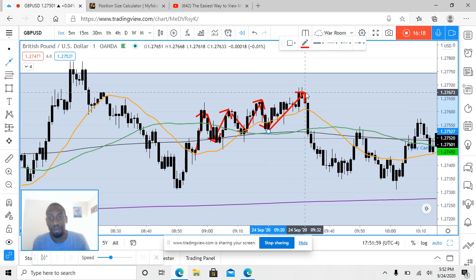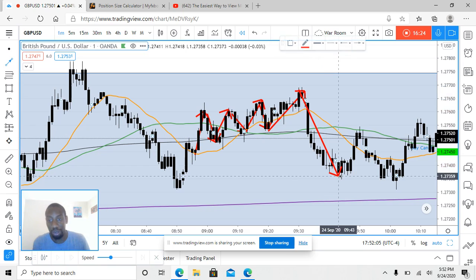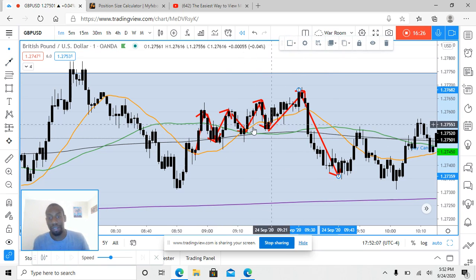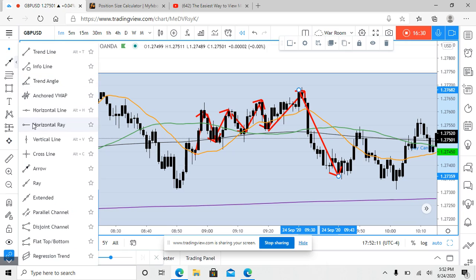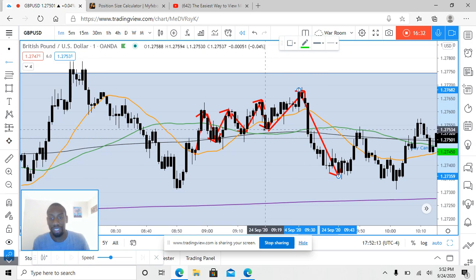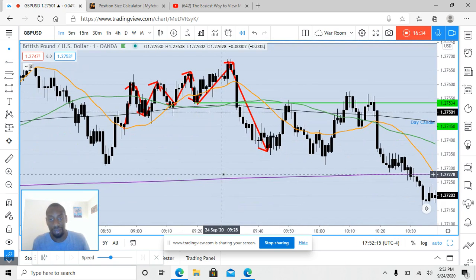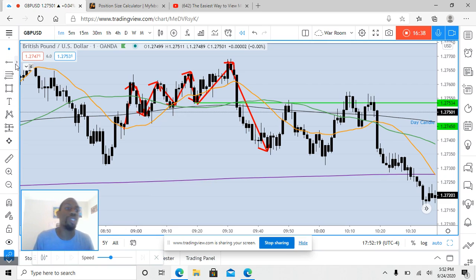Take that buy. Boom, we're up here. Then what happens? Boom. What's that? A break of structure, right? What are we looking for next on a break of structure?